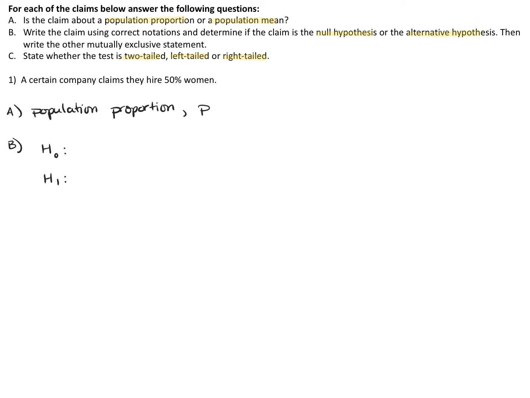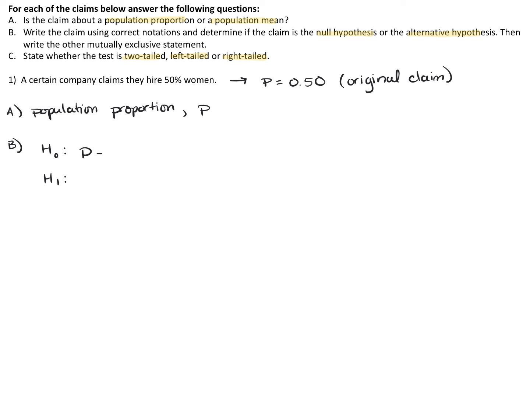In this particular problem, the original claim, I'm going to write it off to the side here, is that they hire 50% women. So I'm going to translate that to P equals 0.50. And this, I'm going to keep track, is the original claim that we're going to eventually do a hypothesis test on. Okay, so because this original claim contains the equal sign, it always becomes the null hypothesis.